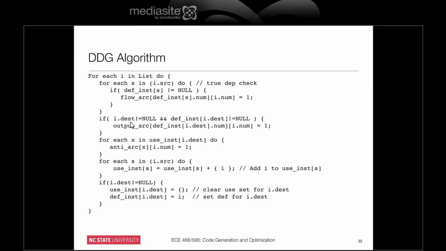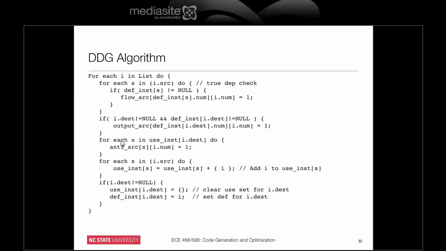Okay, next we'll look to see if the current instruction has a destination register, and if there was a previous instruction that defined the same register, then we'll set an output dependence from the defining instruction to our current instruction. Okay.